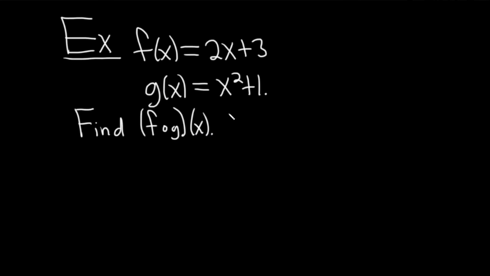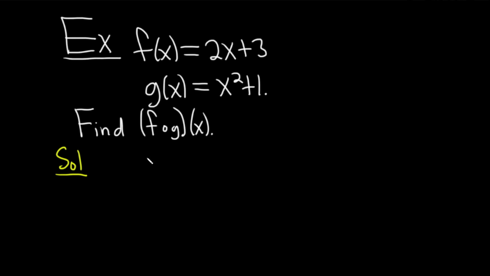In this last example, we are going to look at a different way of combining functions called function composition. We have f of x equals 2x plus 3, and g of x equals x squared plus 1. The question is to find f circle g of x. Let's work through it. Solution.